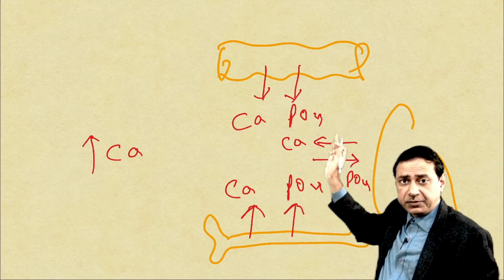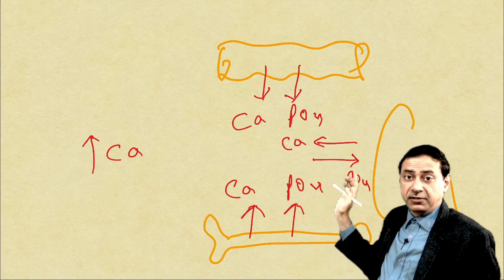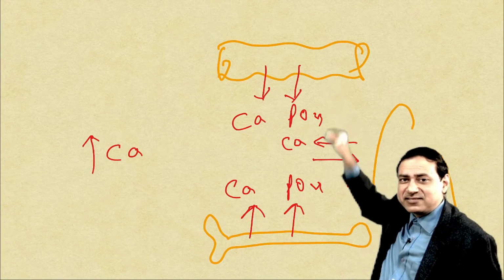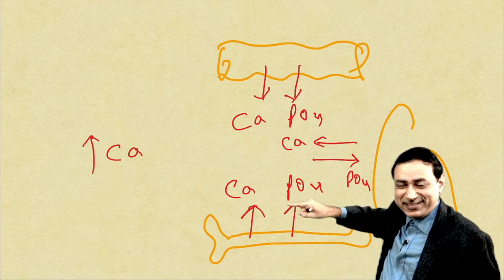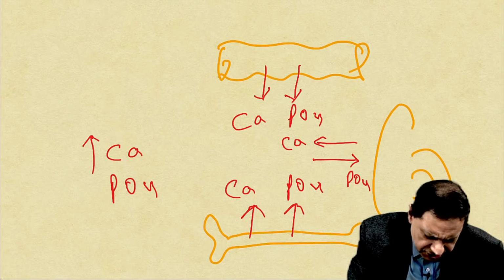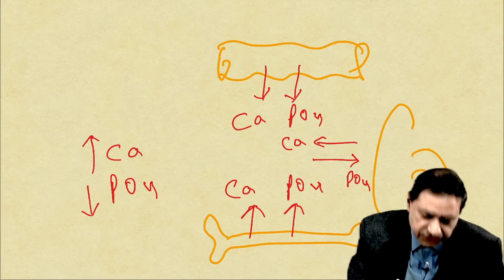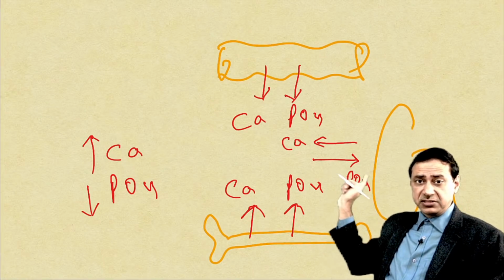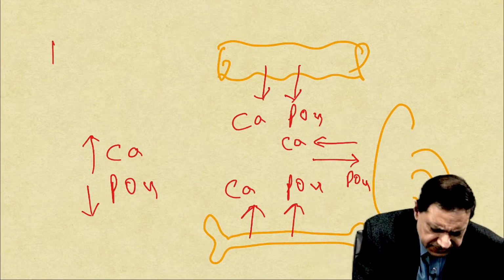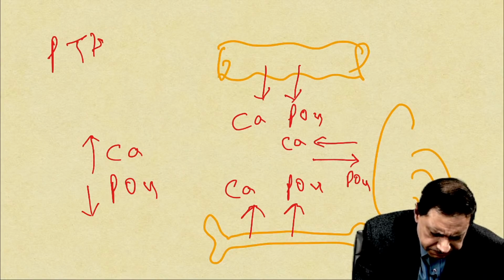Calcium from here, from here, from here. Phosphate: this phosphaturic action is stronger than this plus this. So phosphate falls. So plasma calcium is increased, plasma phosphate falls because of this very characteristic phosphaturic action. This is the action of PTH.